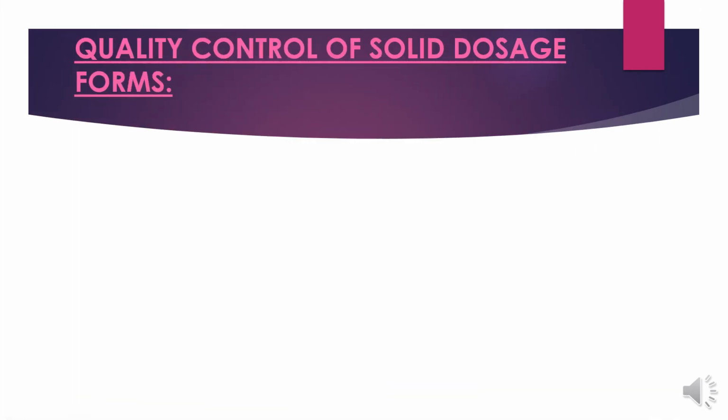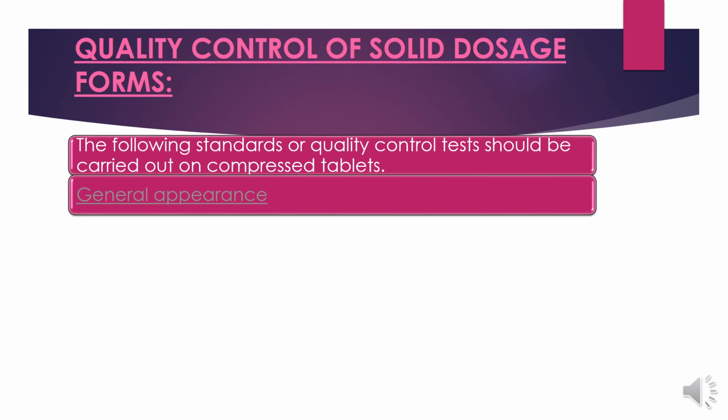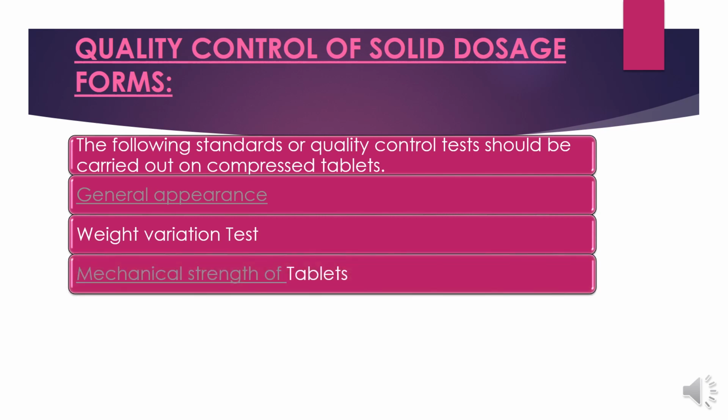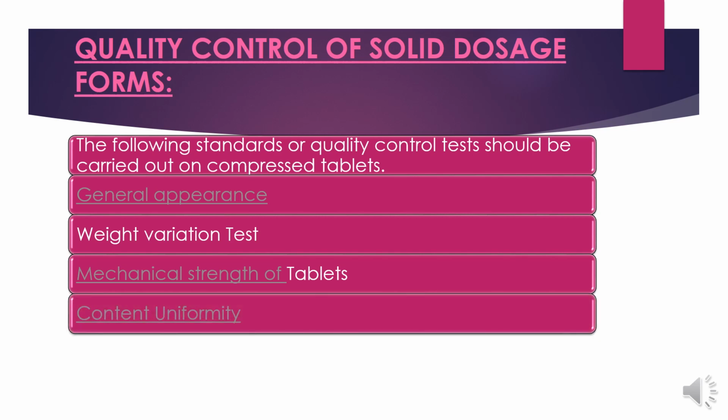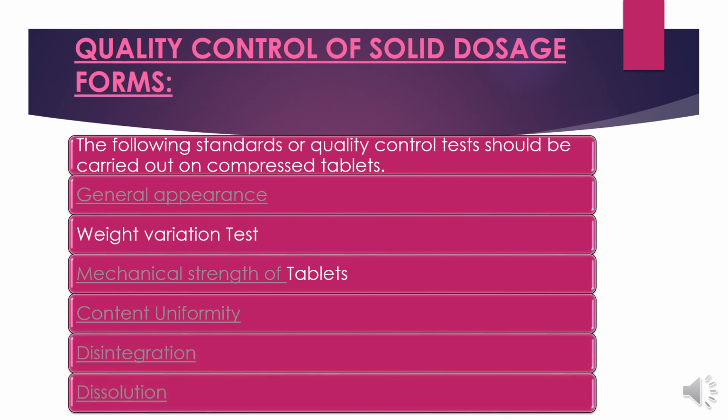So the quality control of solid dosage forms, the tests for checking the quality of especially compressed tablets, are the general appearance, weight variation test, mechanical strength test, content uniformity test, disintegration test, and dissolution test.